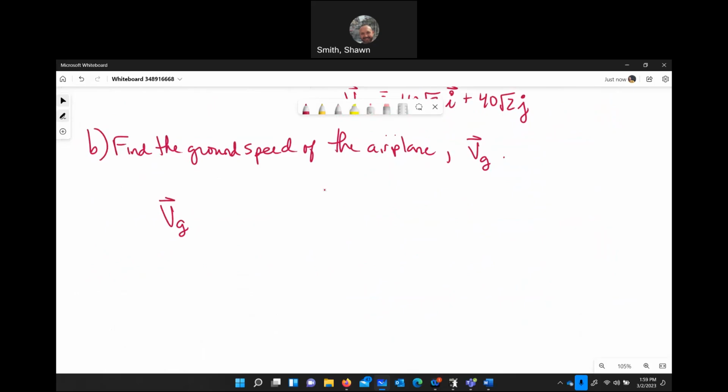Actually, this could be the magnitude, right? I don't want the entire direction. I can find the direction in a minute, but I'm looking for just the ground speed. So I'm looking for the magnitude of V_G, which is the magnitude of the sum of those two vectors we just found.